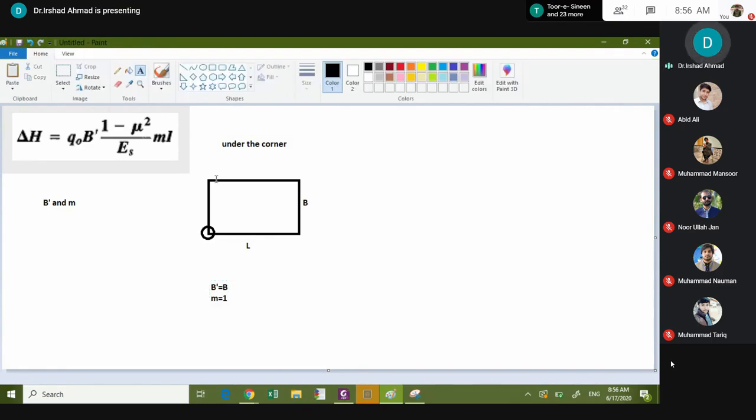But if you are going to find settlement under the edge of the footing, somewhere here, this equation is not applicable because it gives you settlement under the corner of the footing, not under the edge of the footing. This is the edge of the footing.